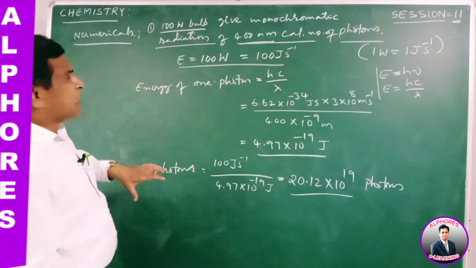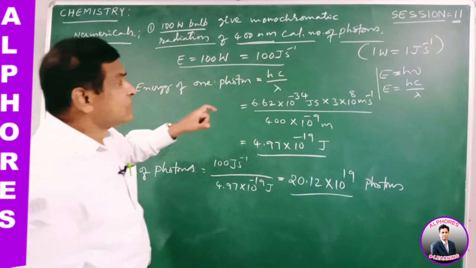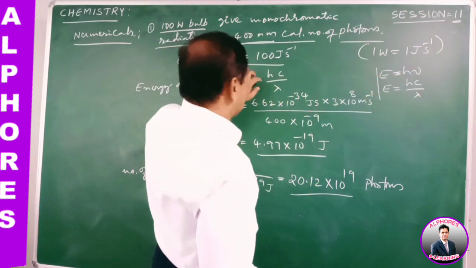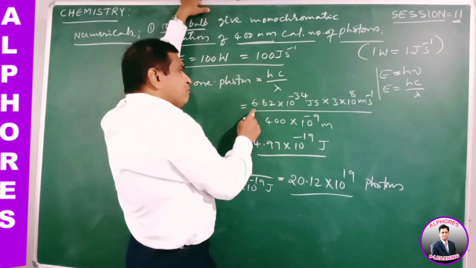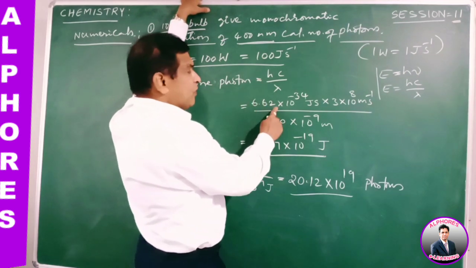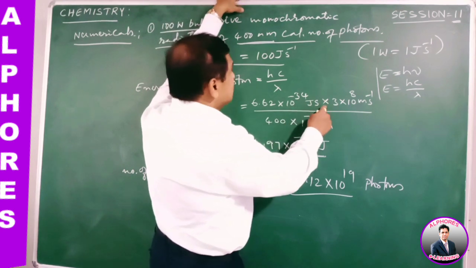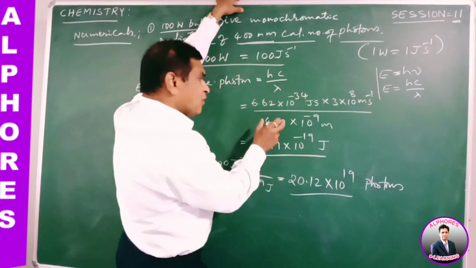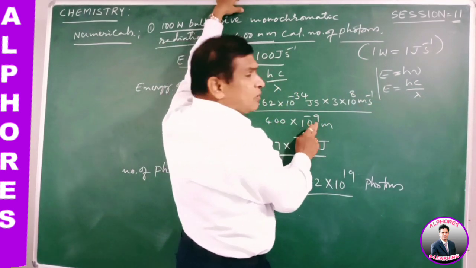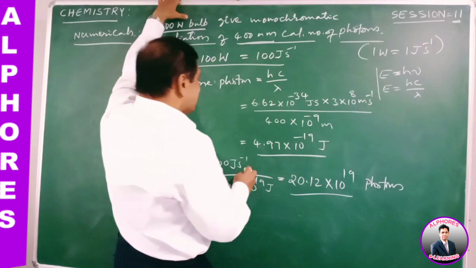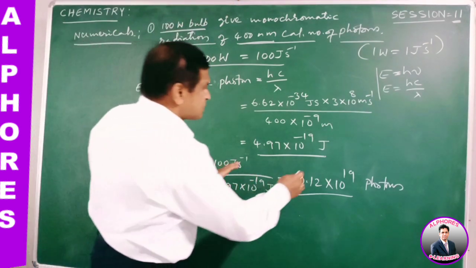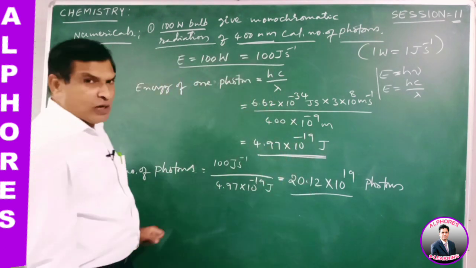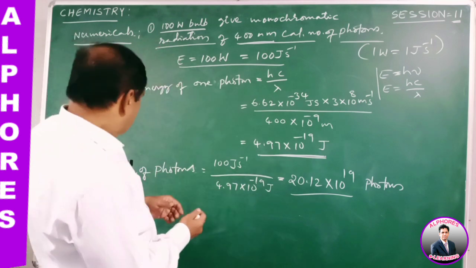Next, let us calculate the energy of 1 photon, that is E is equal to h nu or E is equal to hc by lambda. Now substitute the values: Planck's constant 6.62 into 10 to the power minus 34 joule second, into the velocity of light 3 into 10 to the power 8 meters per second, divided by 400 nanometers, that is 400 into 10 to the power minus 9 meters. So we get the energy of 1 photon, and we have to find the total number of photons in the electric bulb.